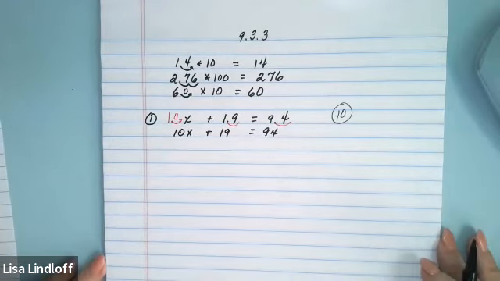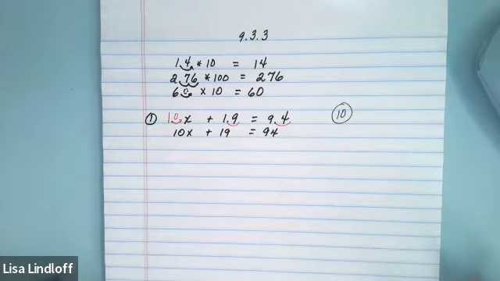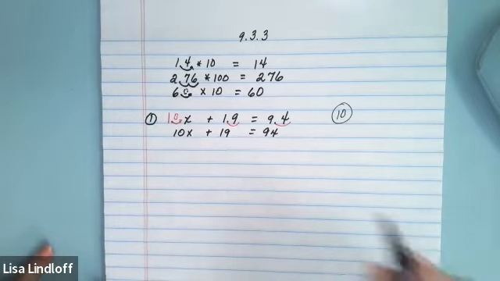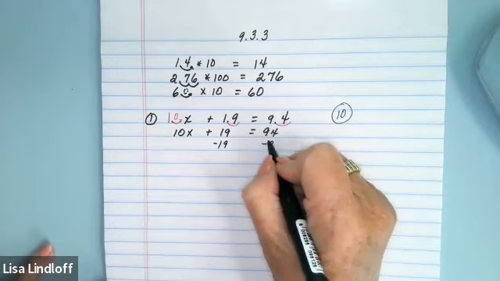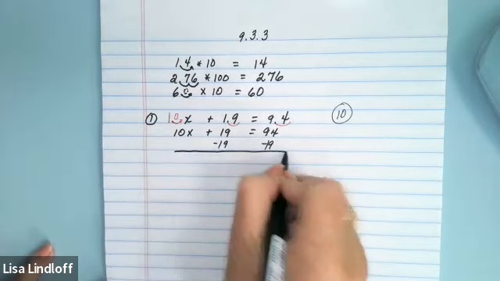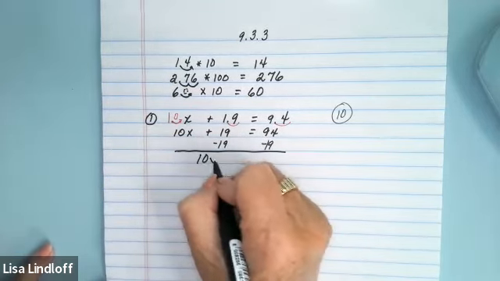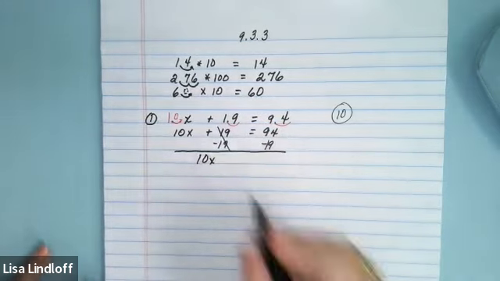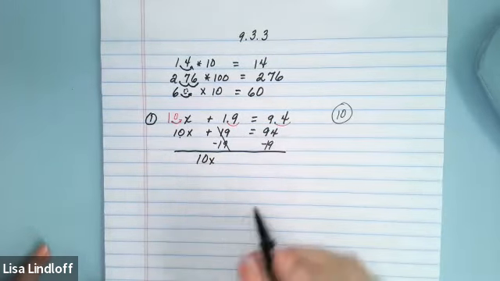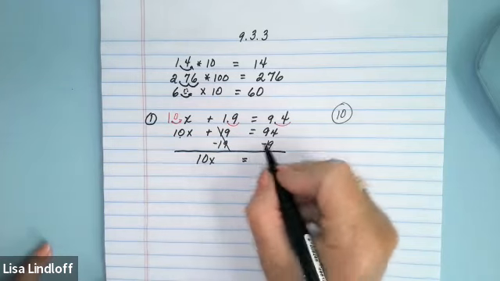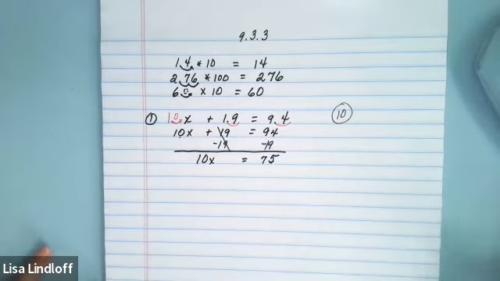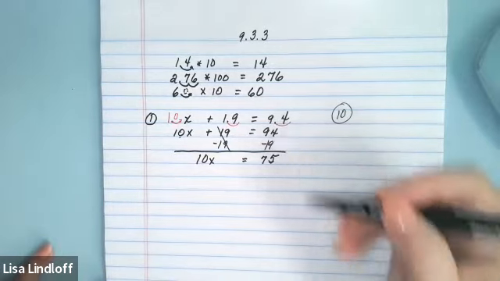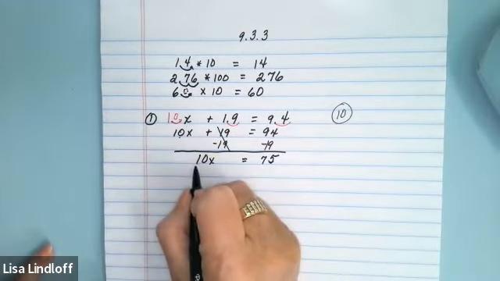I now have an equation I'm a little bit more comfortable with because it doesn't have any decimals. I'm going to subtract 19 from both sides. I'll be left with 10x. That goes to 0. 0 plus 10x is 10x. Equal sign, and I get 75. Go off on your calculator, take 94, subtract 19, you should get 75.